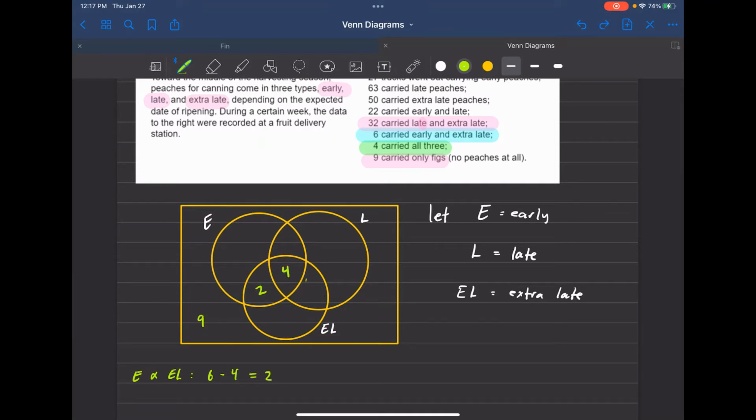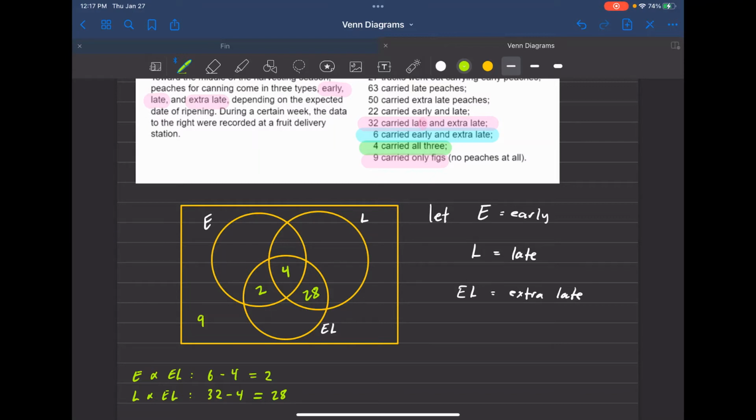That means we can find this piece by subtracting 4 from 32. So the region for late and extra late, that's going to be 32 minus 4. So that would give you 28 of them. So 28 goes here because 28 plus 4 will give you 32. Those are late and extra late peaches.